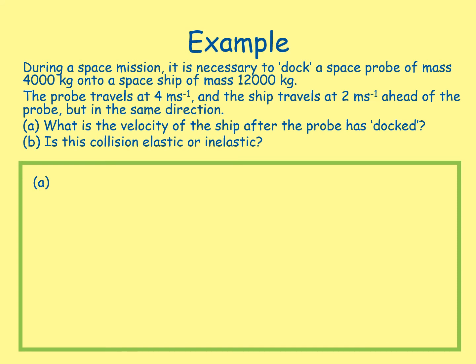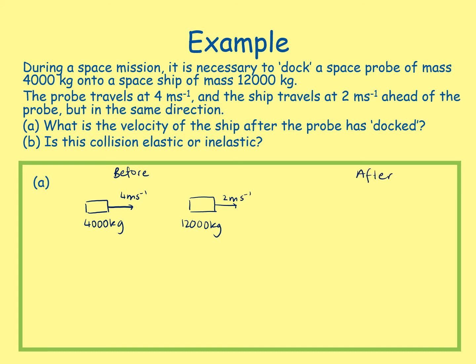Initially, we want to draw our diagrams. So before, we have the probe of mass 4,000 kilograms moving at a velocity of 4 meters per second. And we have the ship of 12,000 kilograms, also moving forwards with a speed of 2 meters per second.